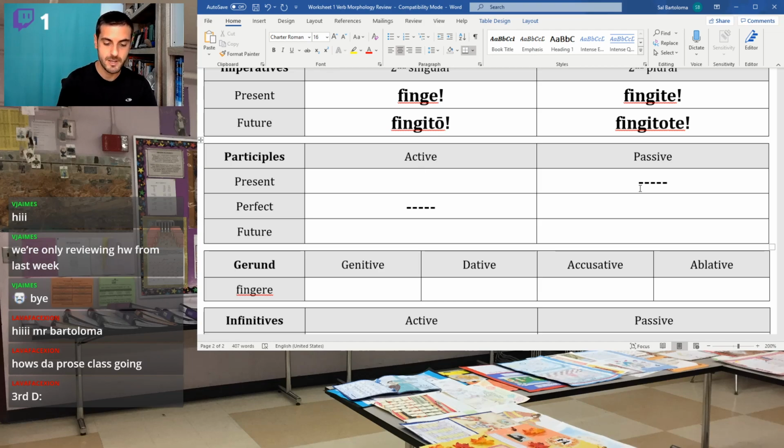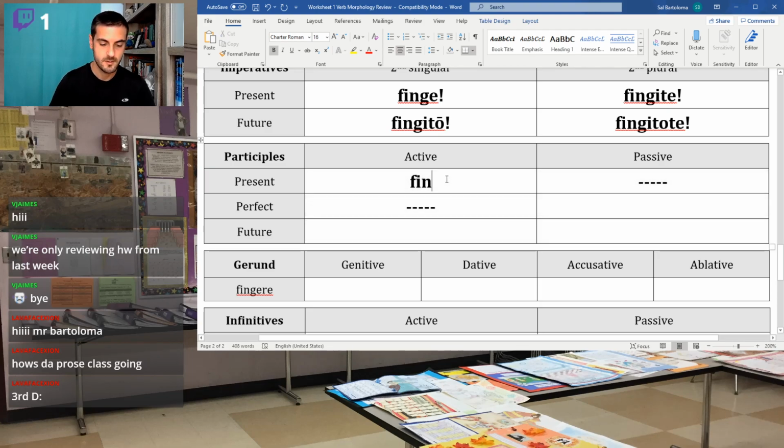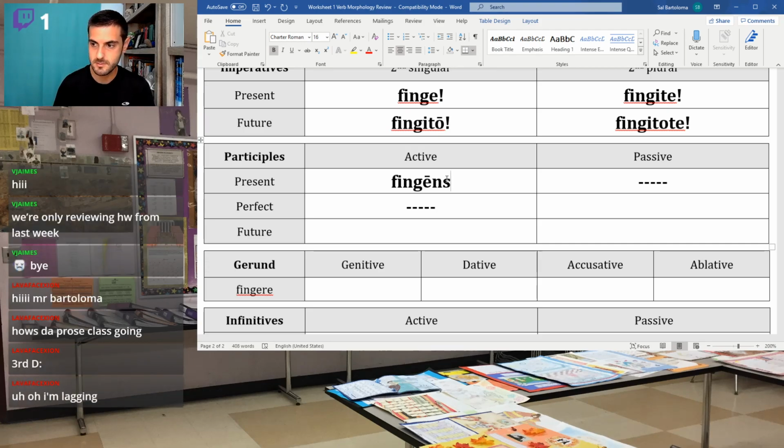So for the present participle, this is your, get my bold on. I personally, at this level, if it's a singular synopsis, you can just put fingens. You don't have to put fingentis. I trust that you guys know ens becomes entis. Then we have fictus, ficturus, and fingendus.